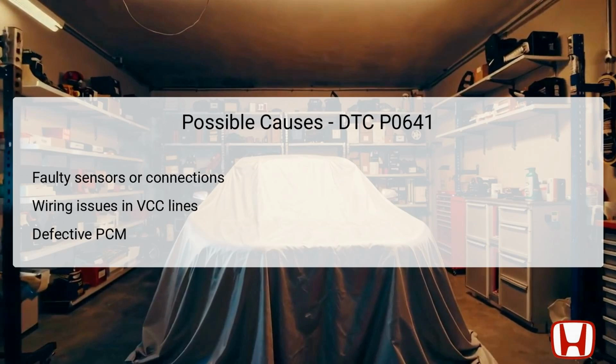Furthermore, a defective powertrain control module (PCM) could also be at fault, as this is the central unit managing sensor inputs. Each of these elements must be thoroughly examined, as they may contribute to the observed voltage malfunction. Therefore, understanding and exploring these components during troubleshooting is vital to restore proper vehicle diagnostics.